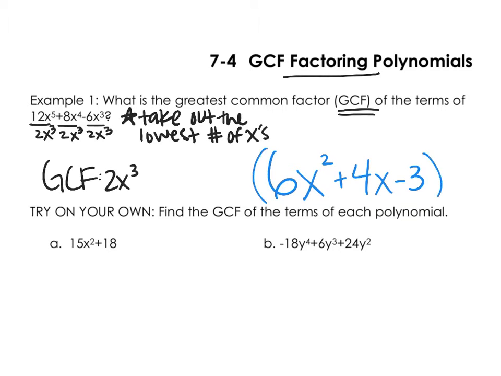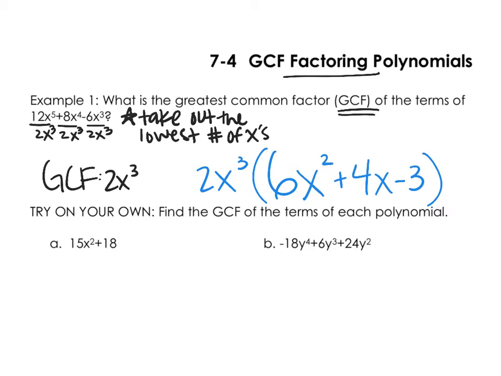So how I'm going to write this is whatever I had left in parentheses, and I need to put my GCF out front. Because if I were to multiply this back out and distribute that 2x to the 3rd, it should get me right back to where I started in the problem. If you want to pause and try the next two on your own, you can do so now.